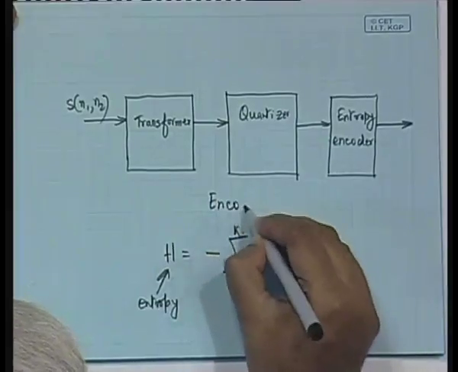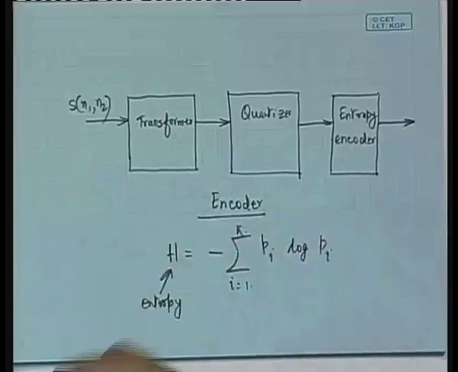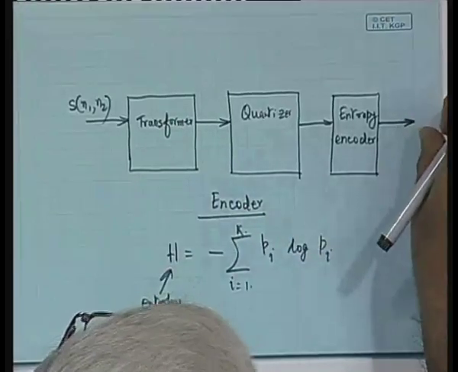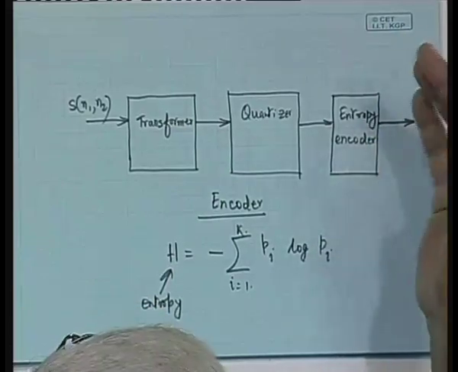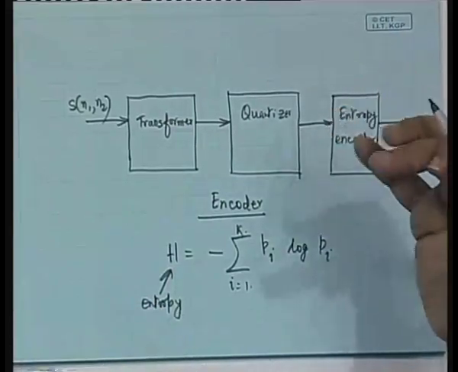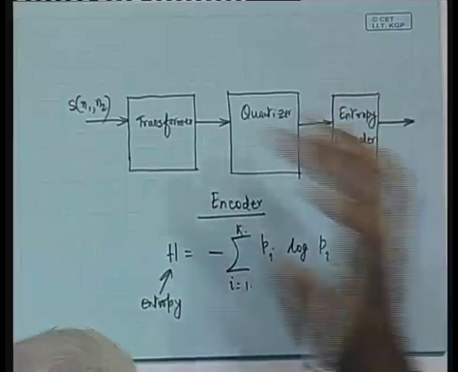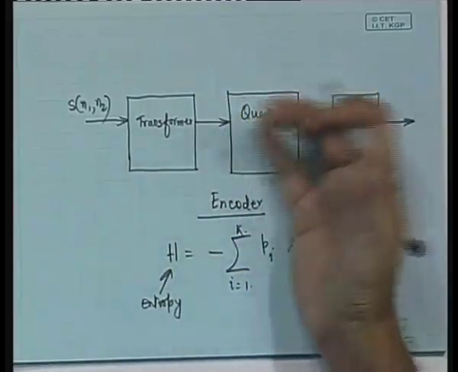Now, we have to do a reverse of this process at the decoder end. So, this is our encoder end, and at the decoder end we must do the exact reversal of this. I need not draw the block diagram. It will first be the entropy decoder, then a dequantizer, then an inverse transformer, and at the end what will you get? S cap of N1, N2.